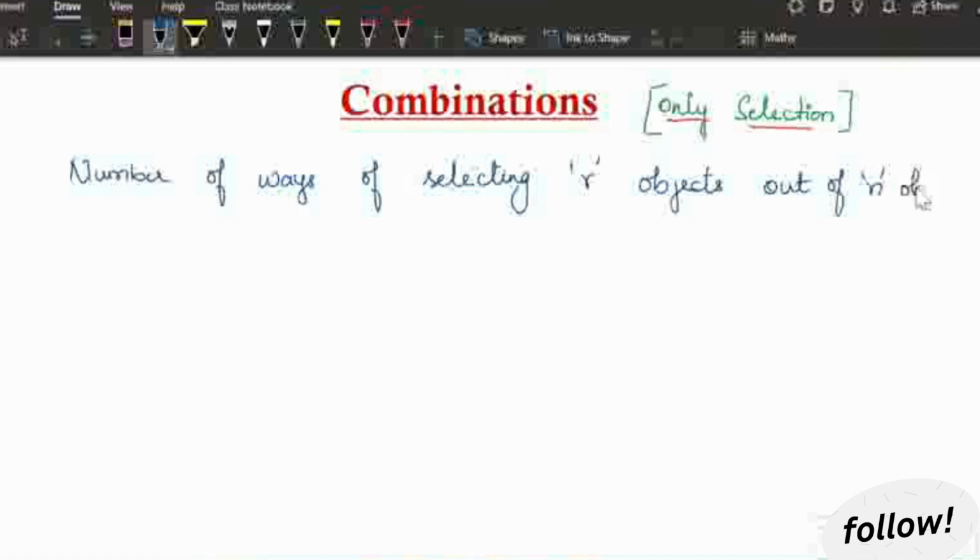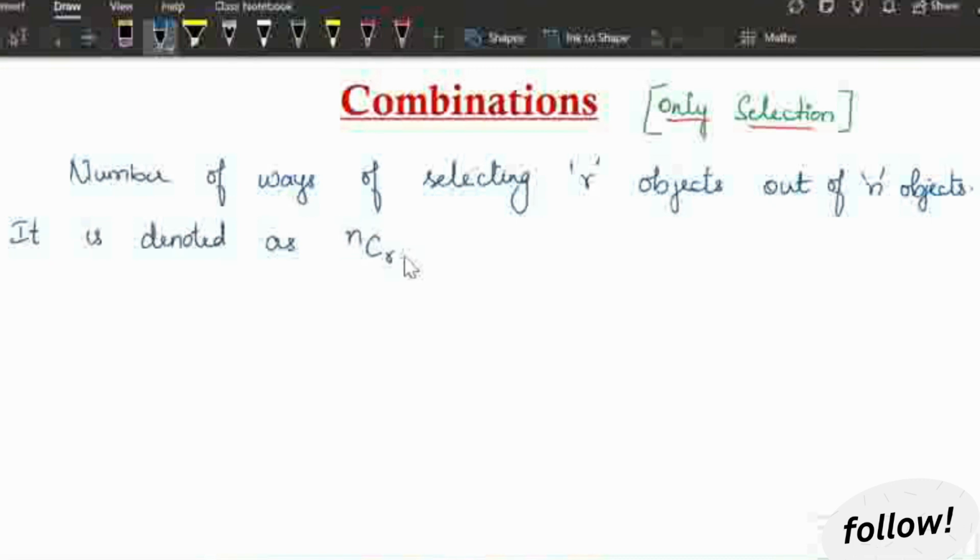This is combination. It is denoted as nCr, the number of combinations of r out of n objects.